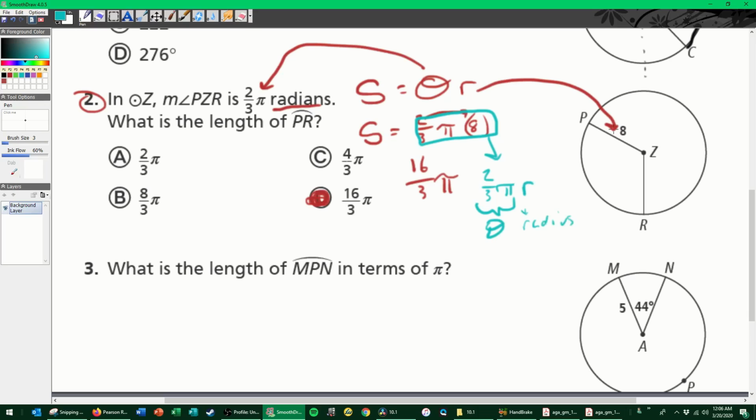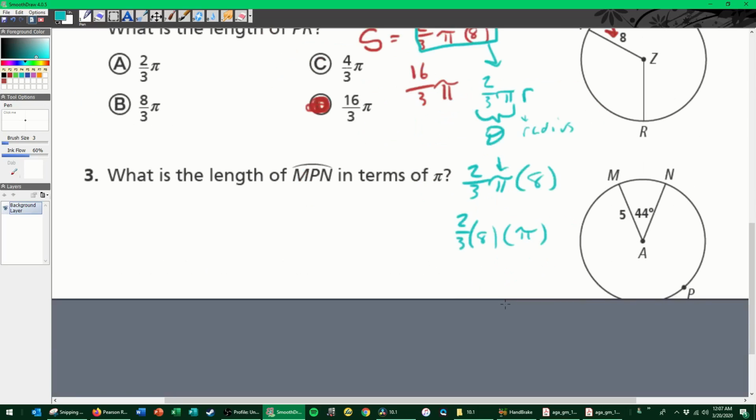So I'm going to make my substitution in there, and I have 2/3 pi times 8. Now the commutative property of multiplication says I can rearrange these in any way I want. And since I have an irrational number here, I'm just going to tack that on the end. So I'm going to rewrite this as 2/3 times 8 times pi.